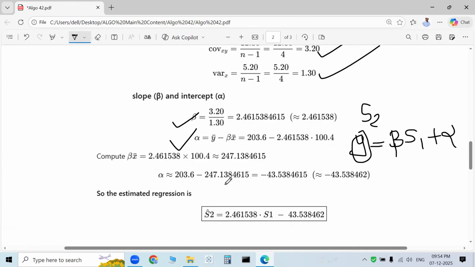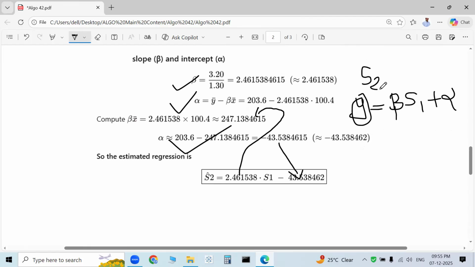So this is the value of alpha, which we get over here. We are just copying the alpha value here. This is the value of beta.